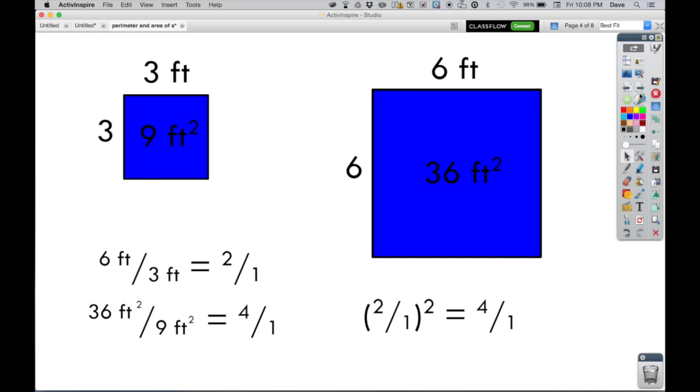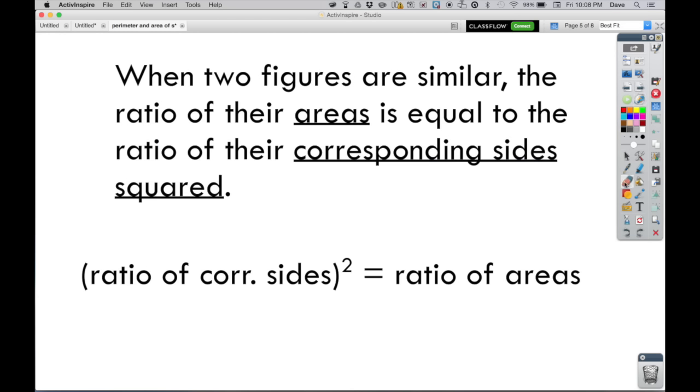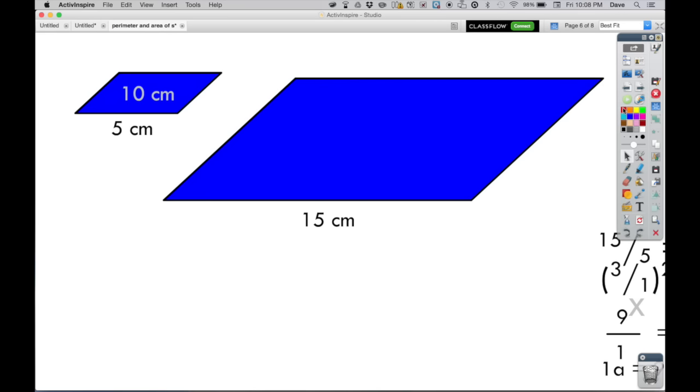All right, so what that tells us is this: when two figures are similar, the ratio of their areas is equal to the ratio of their corresponding sides squared. So I find the ratio of corresponding sides, I square those numbers, and that'll give me the ratio that is shared between their areas. So for a problem like this one, it's really useful.